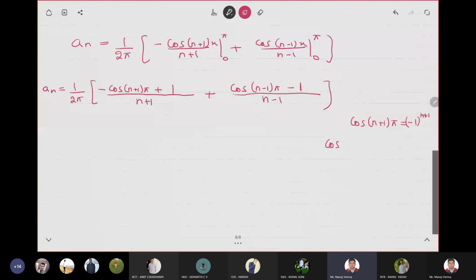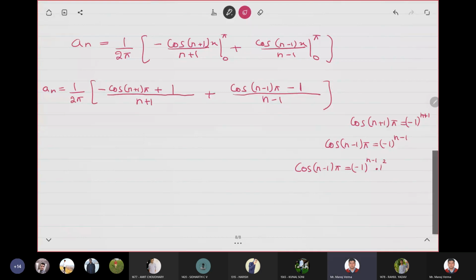And this cos (n minus 1)π I can write as (minus 1) raised to the power n minus 1. But what I will do is multiply this with 1 squared.